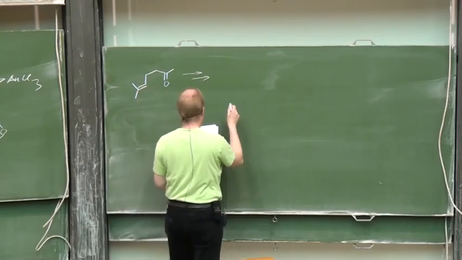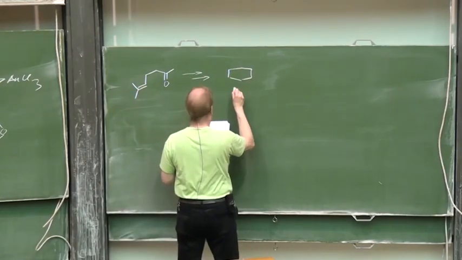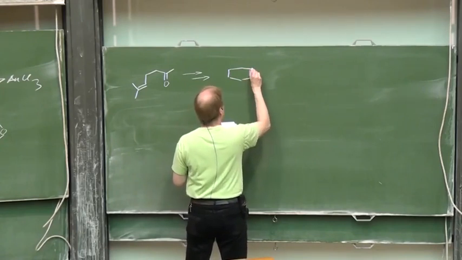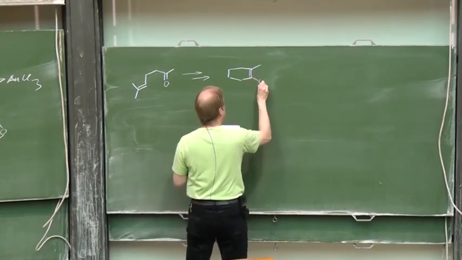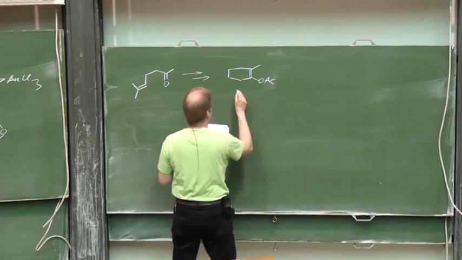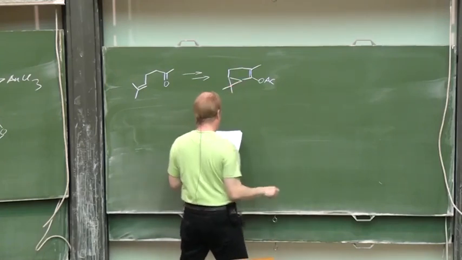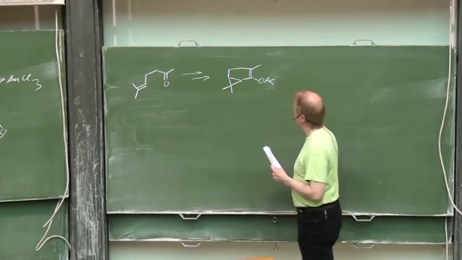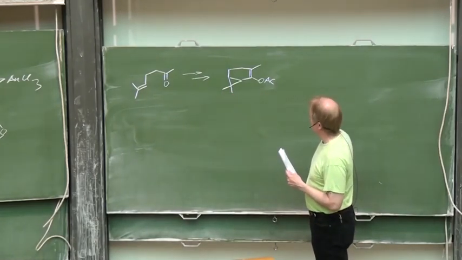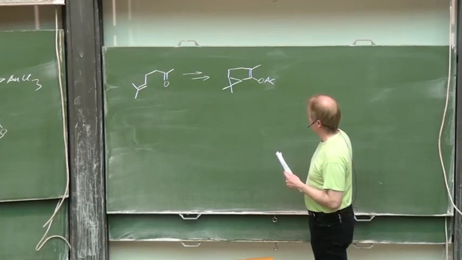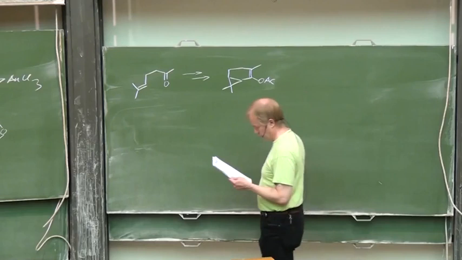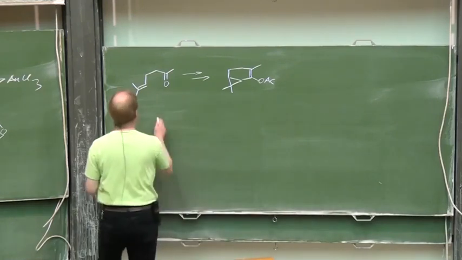In a few steps, with using gold catalysis, Fürstner's group was able to synthesize, well, 6-membered carbocycle with annulated 3-membered ring.